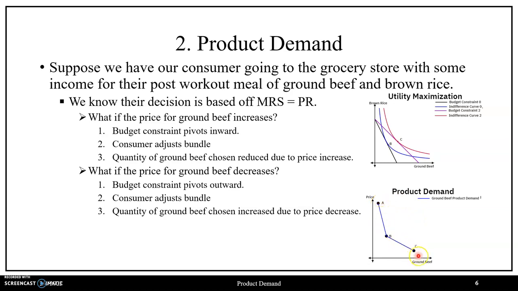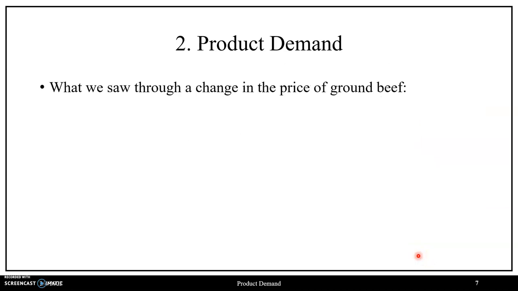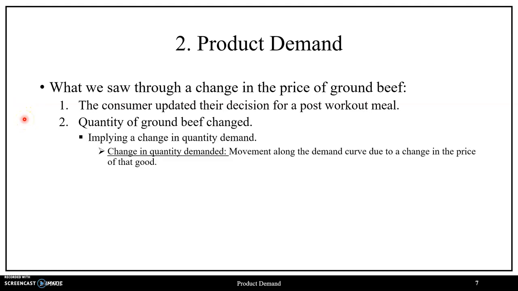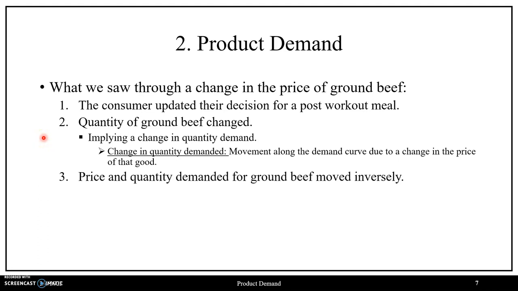In terms of points A, B, and C, we have generated a downward sloping product demand curve as a result of these price changes. So what we overall saw through our change in price for ground beef is that the consumer updated their decision for a post-workout meal, which led to the quantity of ground beef changing, implying a change in quantity demanded, that is, movement along the demand curve due to a change in the price of that good.